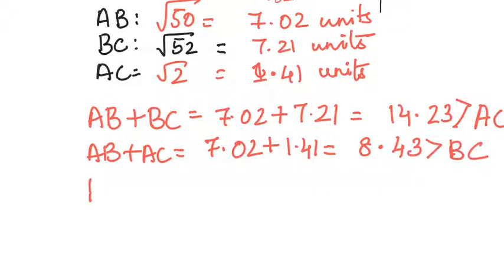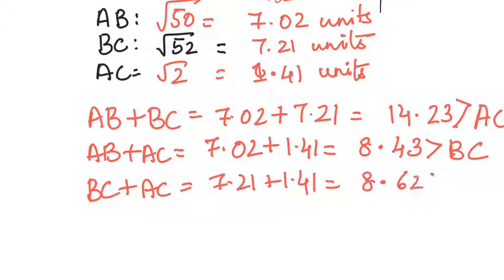And if you add BC plus AC, that would give you 7.21 plus 1.41 equals 8.62, which is greater than AB. So the condition that the sum of any two sides of a triangle is always greater than the third side is fulfilled here, and hence we can say that the points A, B and C are the vertices of a triangle, that is, they form a triangle.